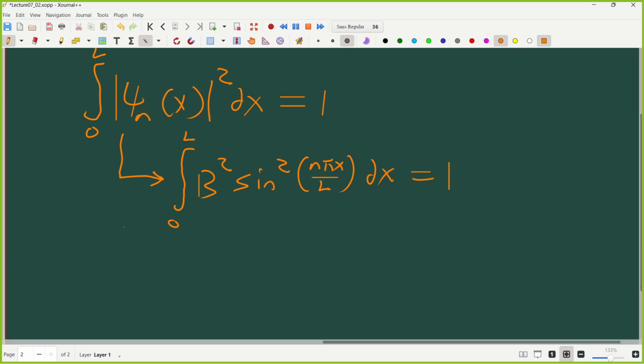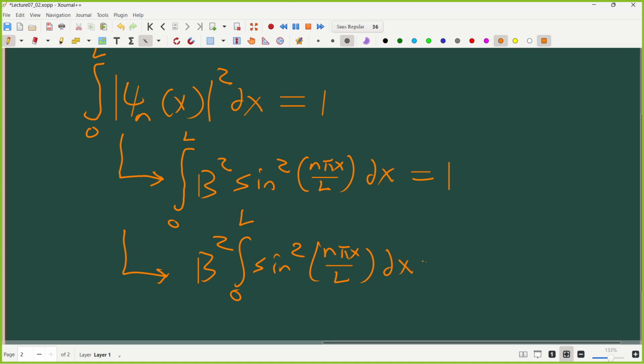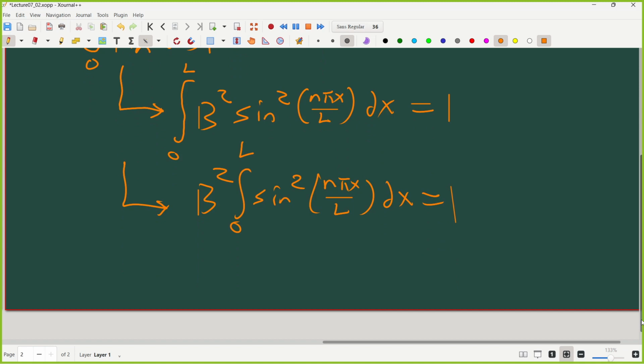So I'm going to factor out the b squared. It's the integral from 0 to L of sine squared n pi x over L dx, equal to 1. Now to solve this, I need to use u substitution. I'm going to let u be n pi x over L, so du is n pi over L dx.